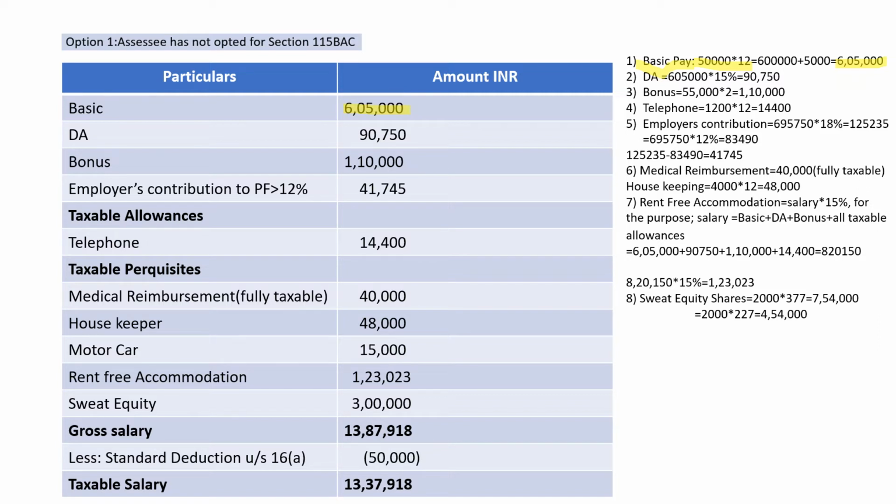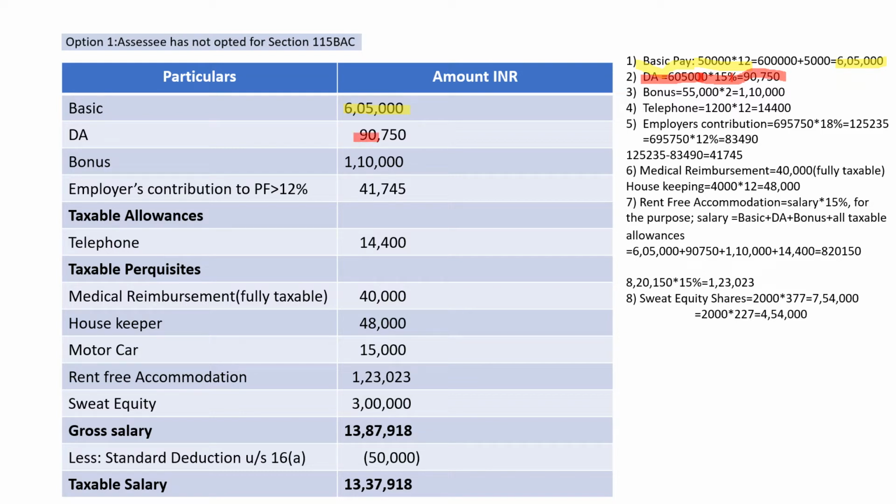Then coming to dearness allowance. He has mentioned that 15% of basic is a dearness allowance. So second one is like this. We can see dearness allowance, that is DA, is equal to 6 lakh 5,000 into 15%, that is 90,750.